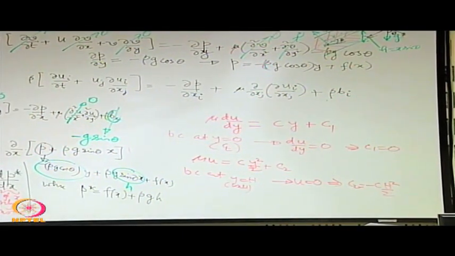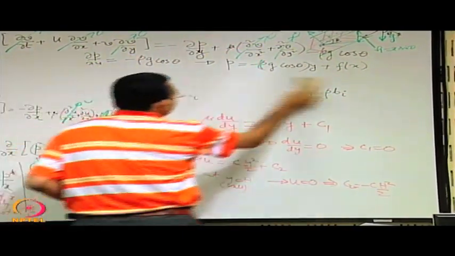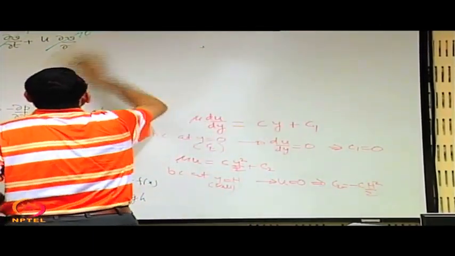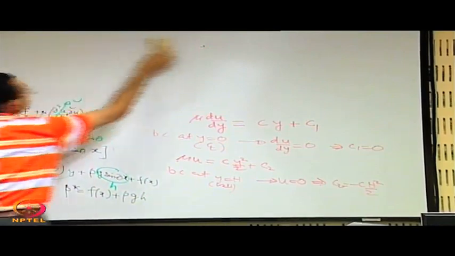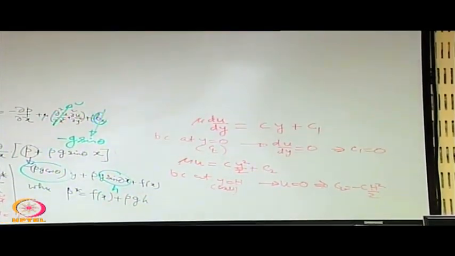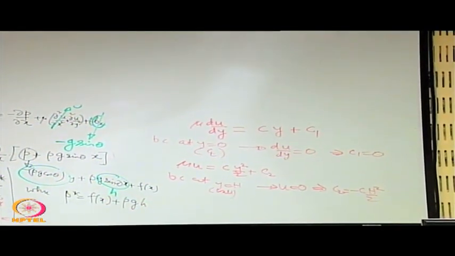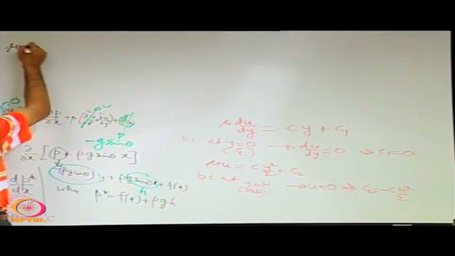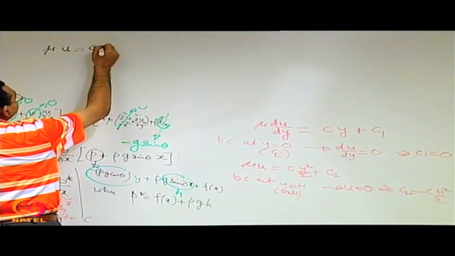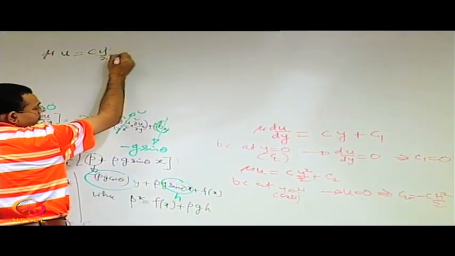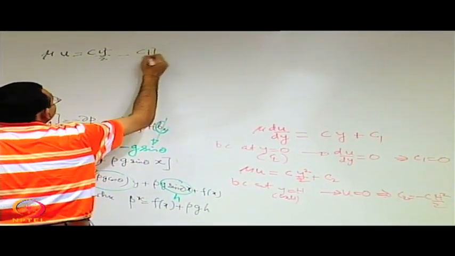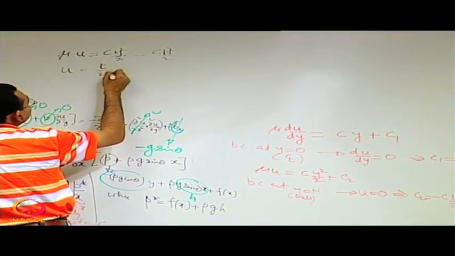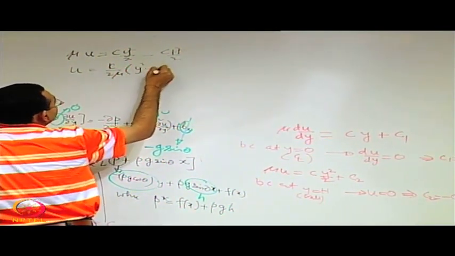So we have got a form of the velocity profile, and let us write that form. So what is the form? mu u is equal to c y square by 2 minus C h square by 2. So u is equal to c by 2 mu into (y square minus h square).